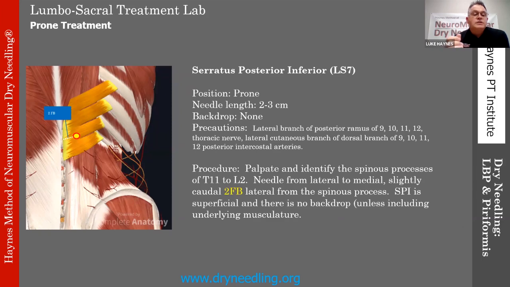If we decide we want to just isolate that, then all we have to do, anywhere from T11 to L2, we'll move 2 finger breadths lateral from the spinous process, and then drop the needle into that muscle. It is very superficial, so 2 to 3 centimeters is the most depth that we would need for that.